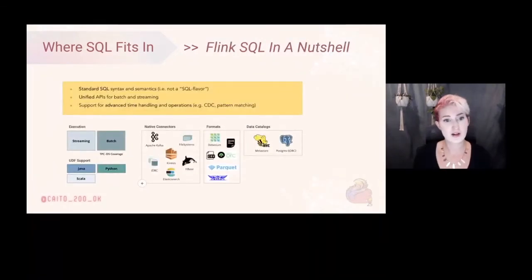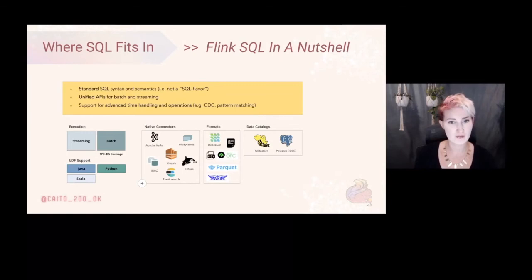So in a nutshell, SQL gives you this high-level relational-like way to query data streams using a language that you are a little more likely to already know. So again, you're not having to depend on, okay, we either have to do Scala or Java or Python, or if you're integrating this into an existing system, you're not having to switch or learn a whole new thing. It's likely you're probably already using it.